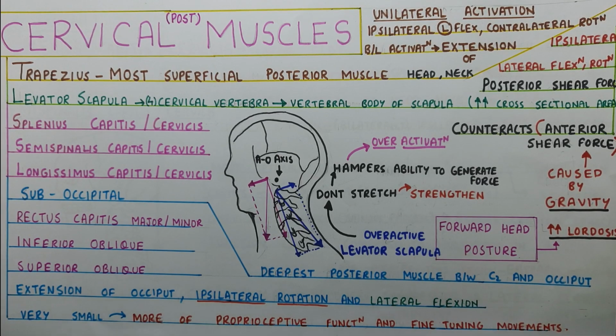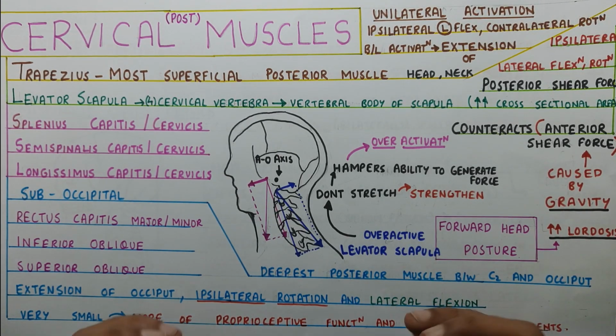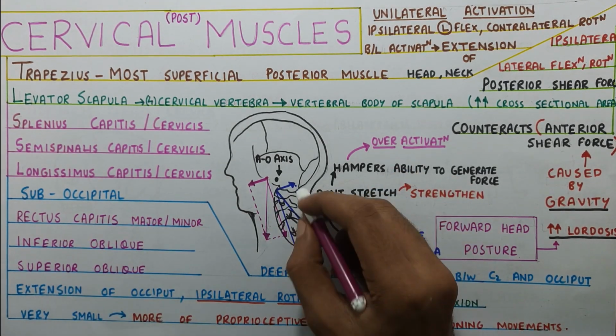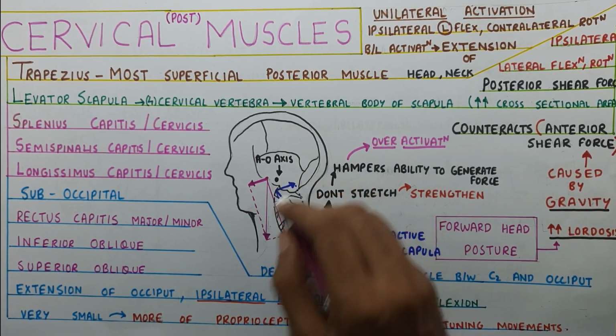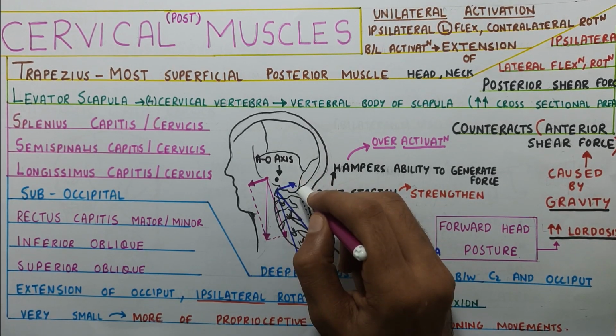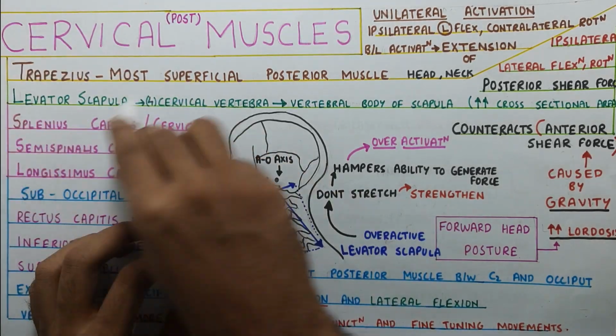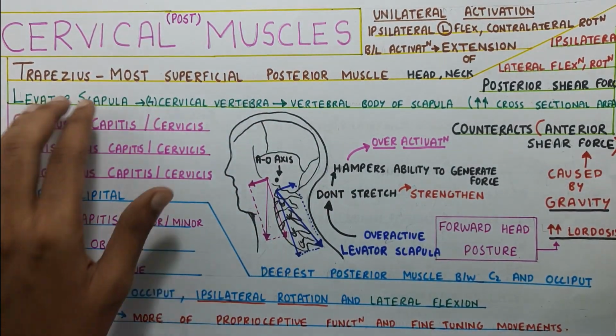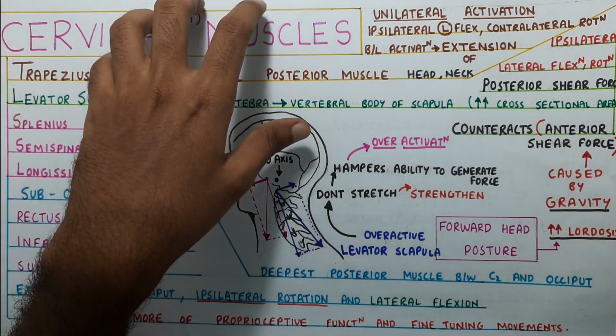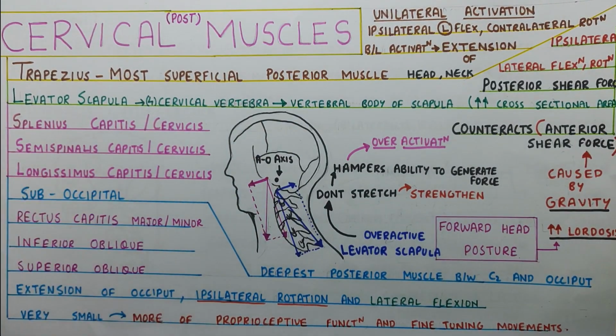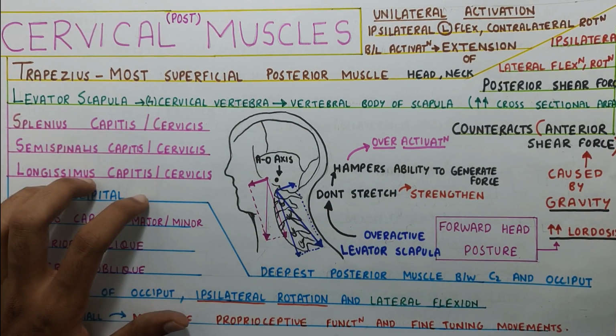You can ignore those. The main thing is it has more of a fine tuning movement function in your cervical spine, basically near your occiput. So till now we have covered the superficial muscles, the trapezius and the levator scapulae, and then we also covered the very deep muscle in the suboccipital region.